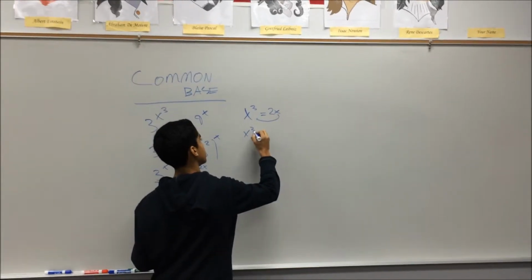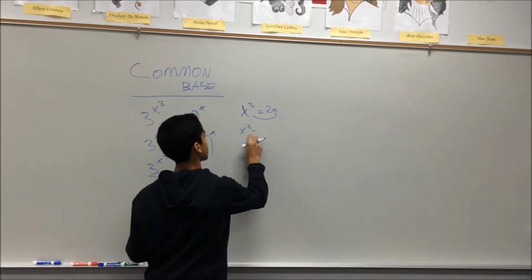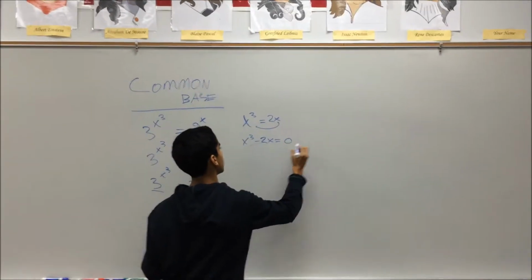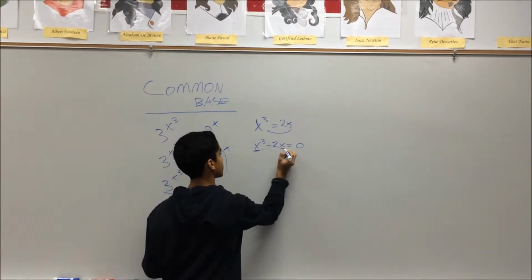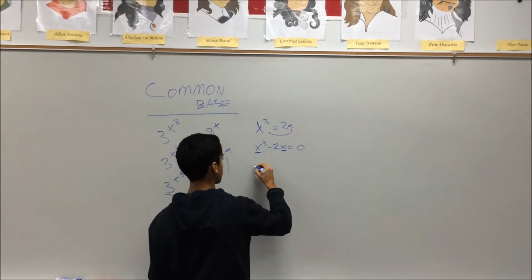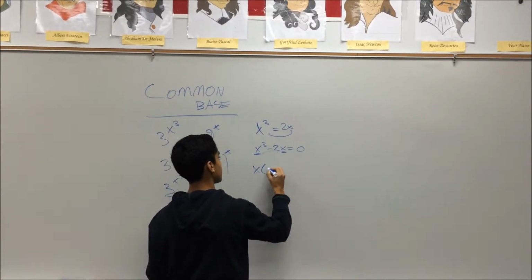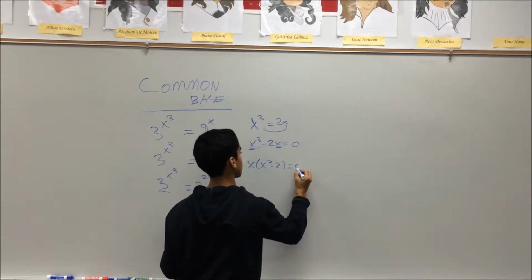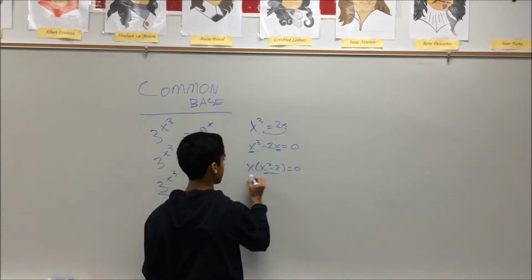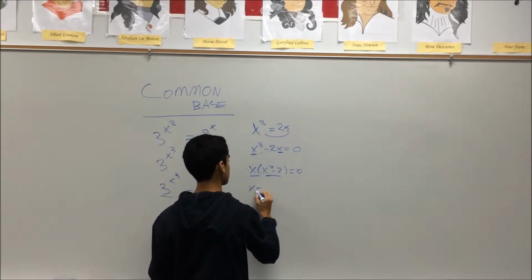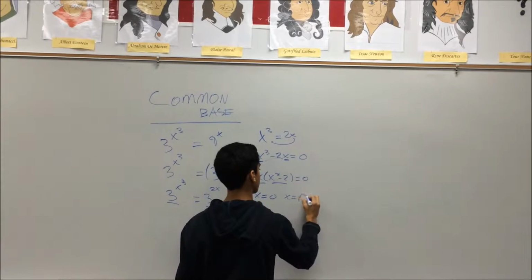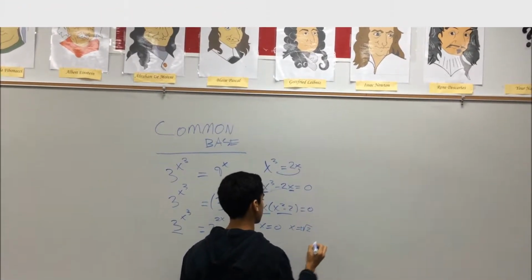We have x cubed minus 2x equals 0. Now, there's an x here and an x here, so we can factor out an x. We have x squared minus 2 equals 0. Now, we're going to set each part of the equation equal to 0. We have x equals 0, and x equals the square root of 2 (plus or minus).